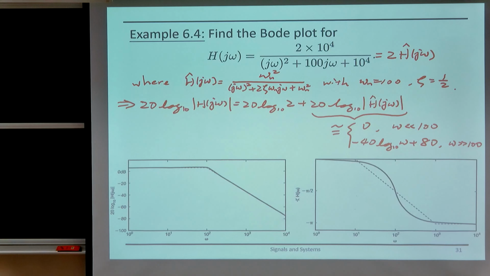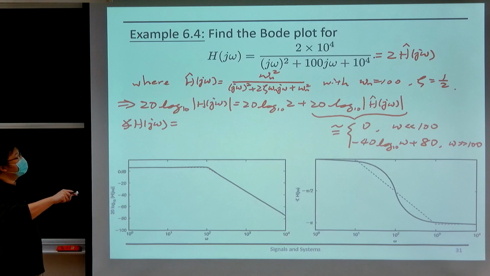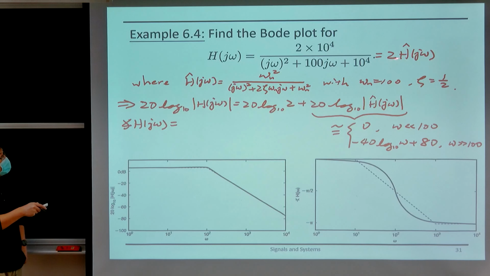So you can do the same thing for the phase. A positive constant 2 does not change the phase of this h hat. So the phase of h is equal to the phase of h hat.